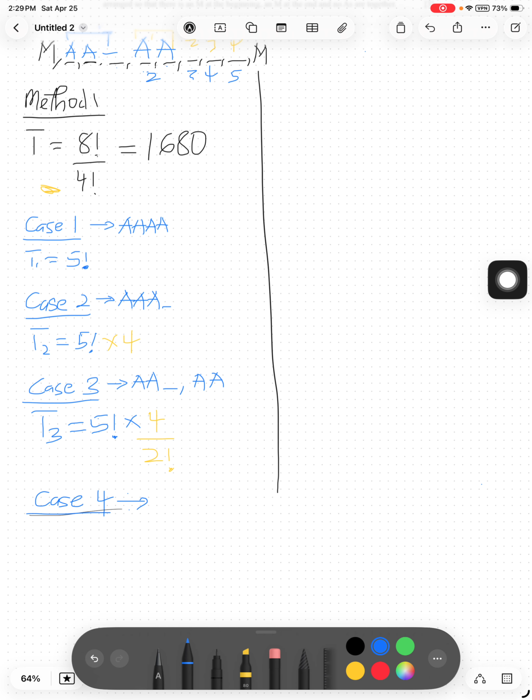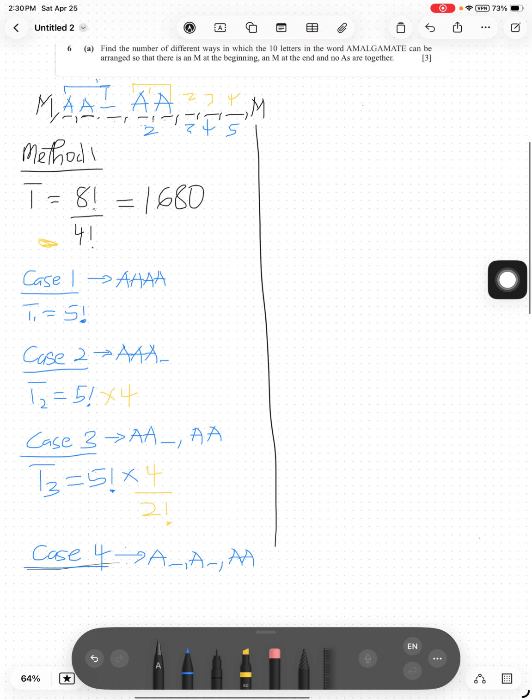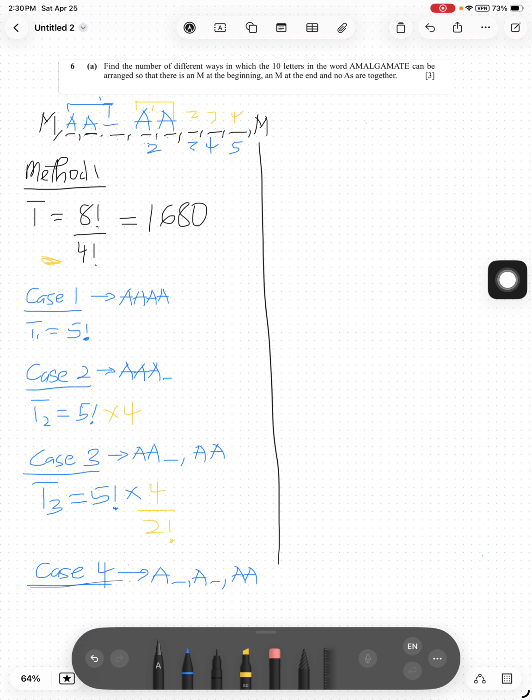We're going to treat the single A's and also a set of two A's, right? So we're going to have one A with a space in front of it and another A with another space in front of it. Then we can have two A's sitting together, right? So we have single A, and two A's sitting together. That's what we're supposed to do for our final case. So we can demonstrate that on this. So let's see how we go about that one as well.